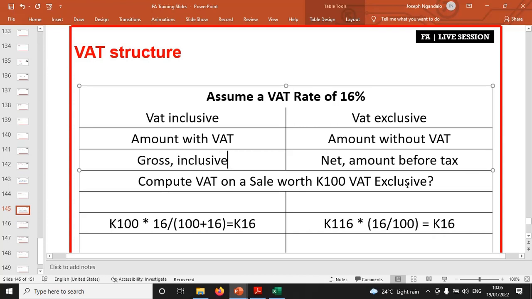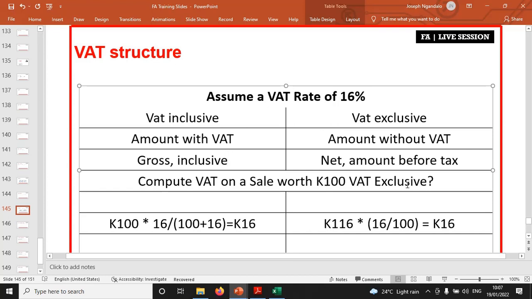Then when it comes to exclusive amounts, they will say the word net. The net amount. Remember, net means something is missing, something has been deducted. That's what it means. And then amount before, it means also you're still dealing with a VAT exclusive amount.